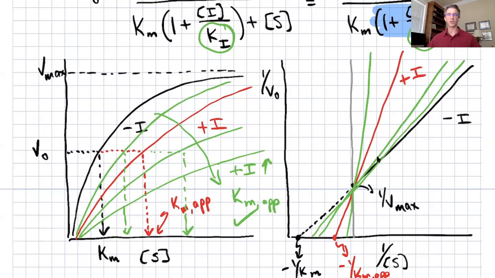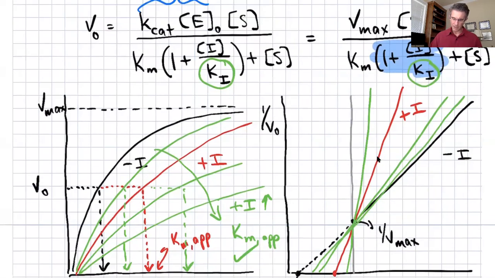And we know there's a relationship between the apparent Km and the Ki. And that relationship is sitting right here, if you look at it. That whole expression is equal to that Km apparent, the way I'm talking about it.